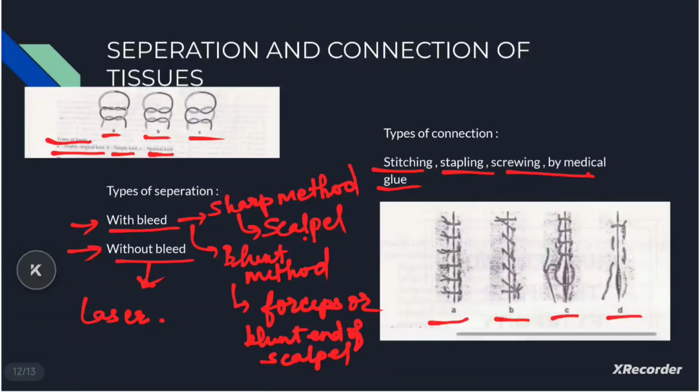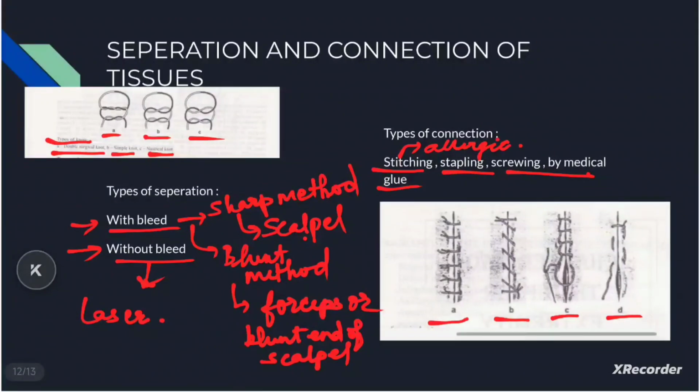Now the stitching material which is used is absorbable or non-absorbable. Absorbable material includes natural ones like catgut sutures and synthetic sutures, used in subcutaneous tissue and the mucosa of the intestine. But there is a disadvantage of this stitching: an allergic reaction may be caused.